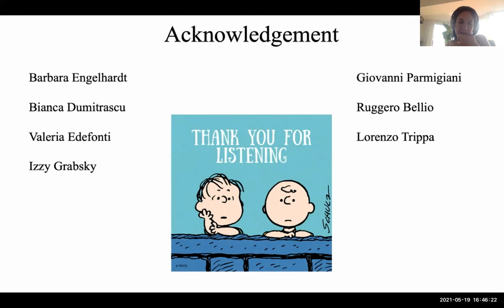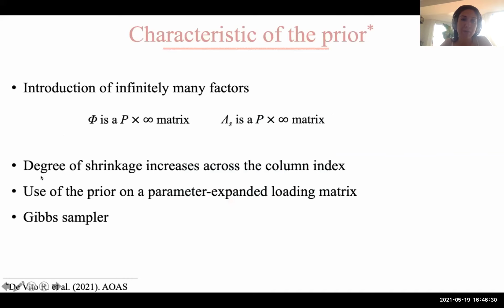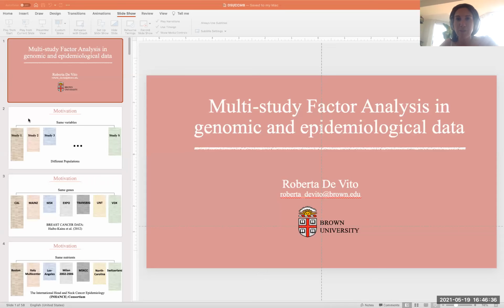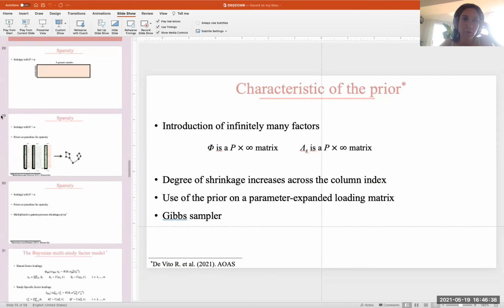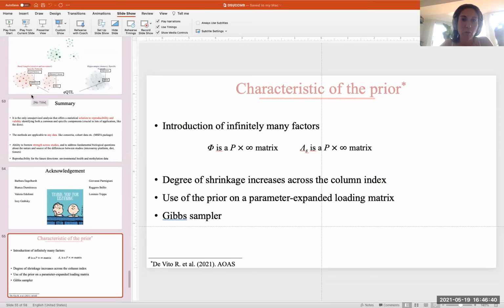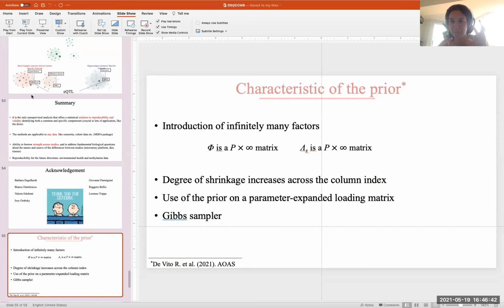Yeah, I think this could be a nice extension. Right now in the factor model, I consider just one error for each study, but I think it could be nice to have one error that is study-specific and one error that is common.